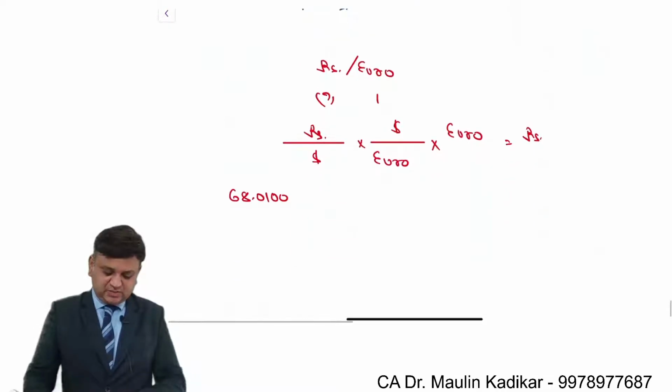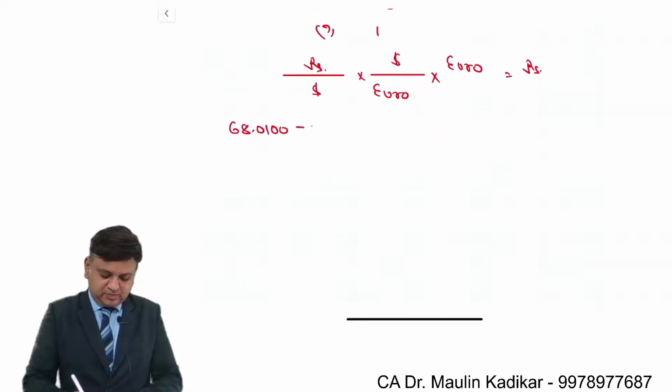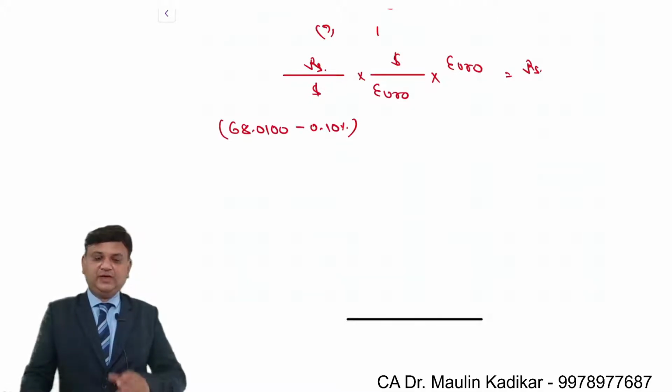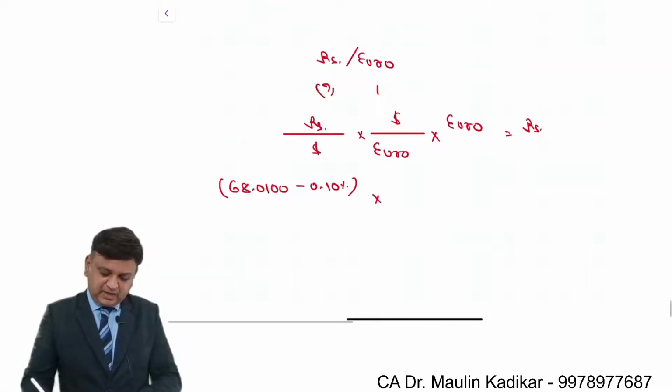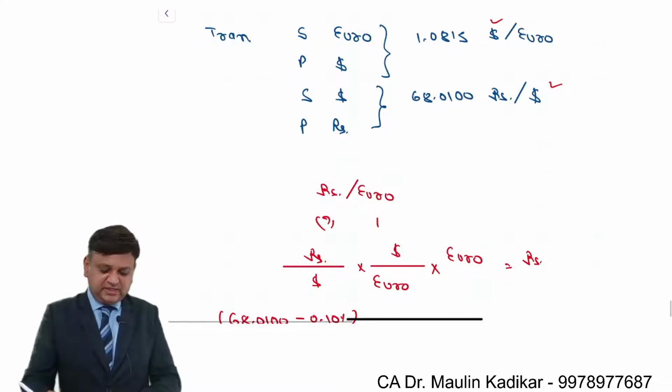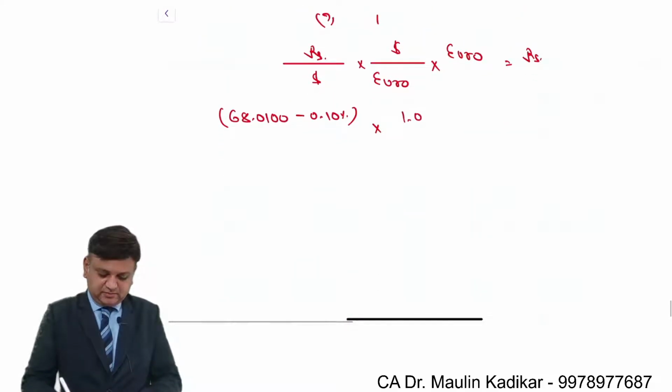In a way that you are supposed to pay margin. So minus 0.1 percentage. Okay. Because purchase rupees means you are going to receive, so you will receive less. Into dollar per euro, and the same is given, so we don't have to change it.